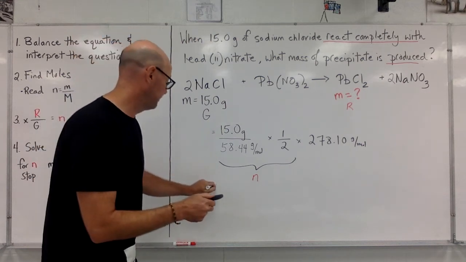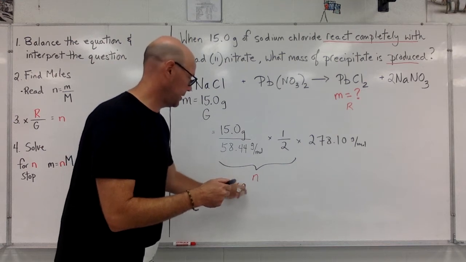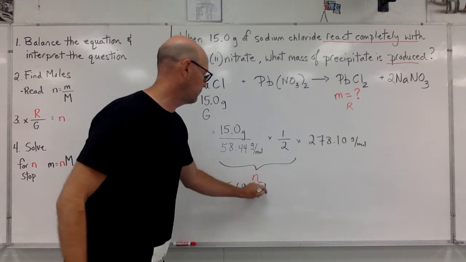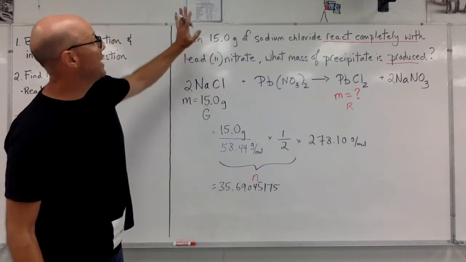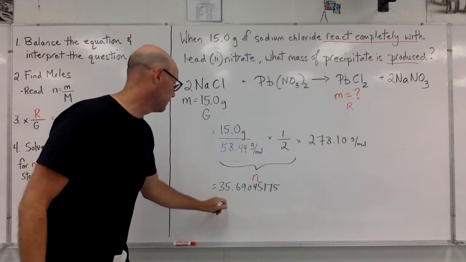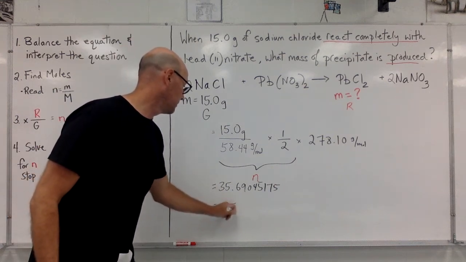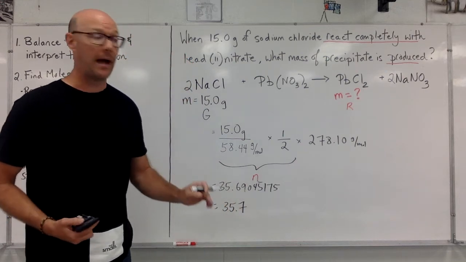We end up at 35.69045175. The question has one number in it. It has 3 significant digits. We need to round this off. 35.7, and we found the mass.